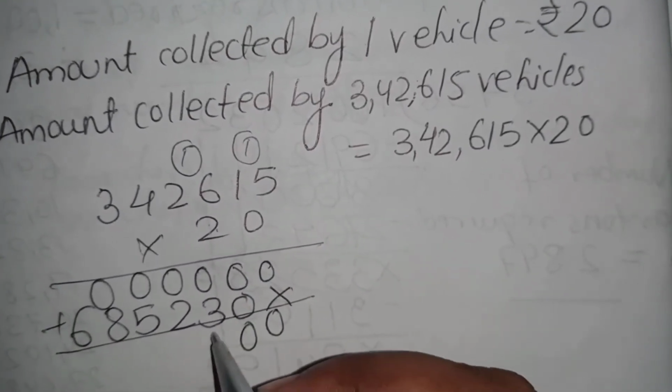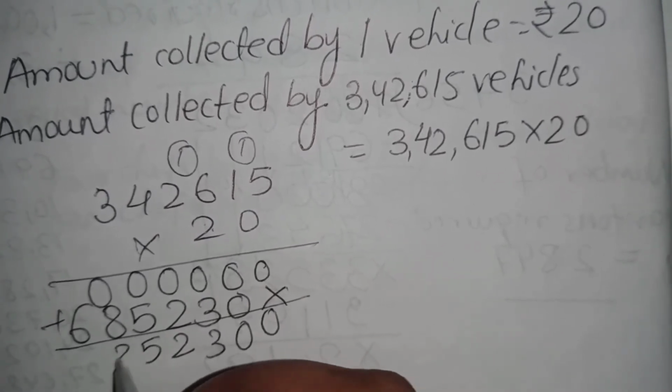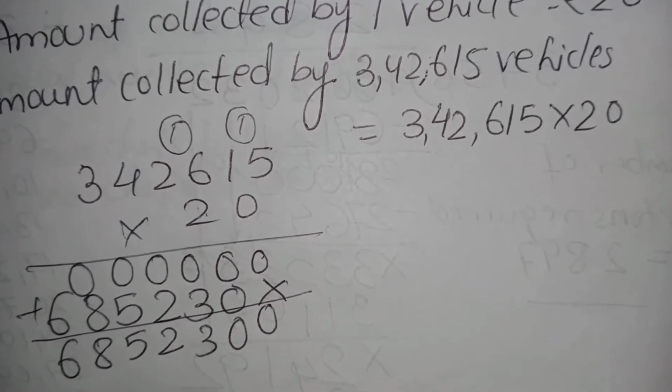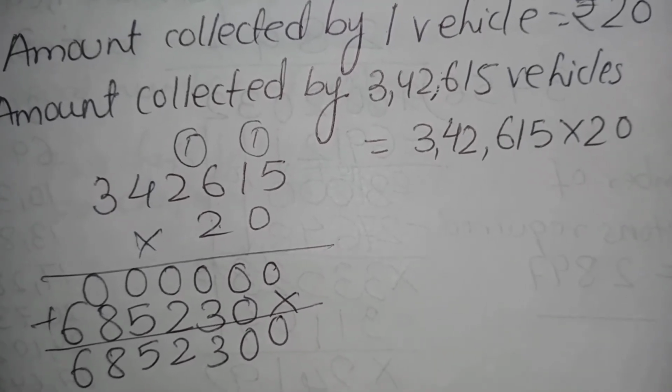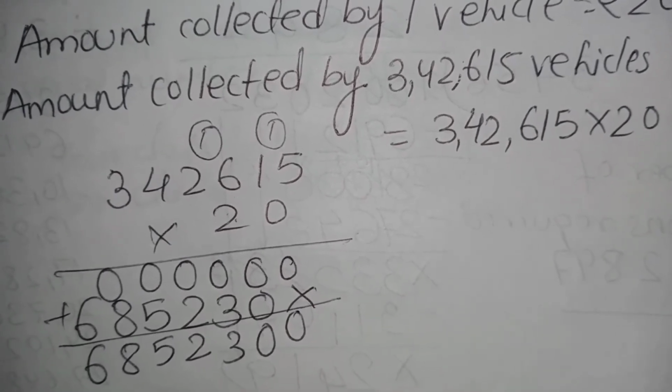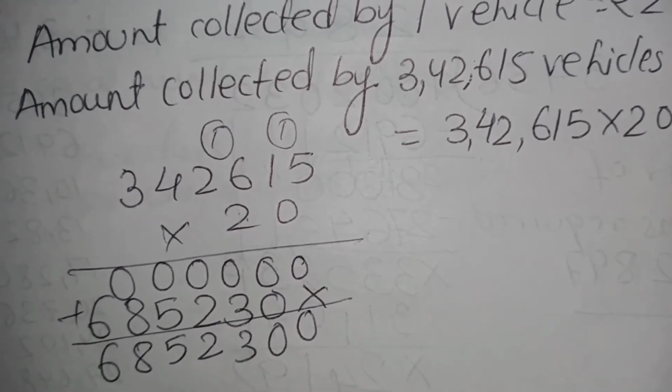0 0 3 2 5 8 6. So what is the amount? What is the total amount collected? It is 68,52,300.